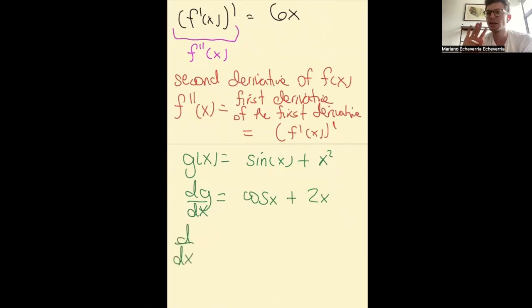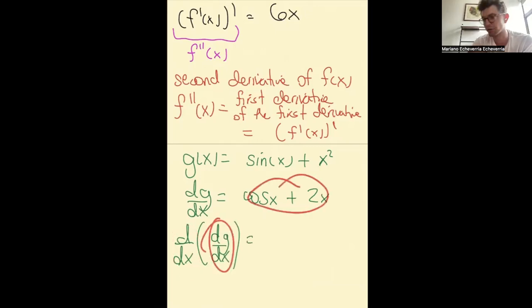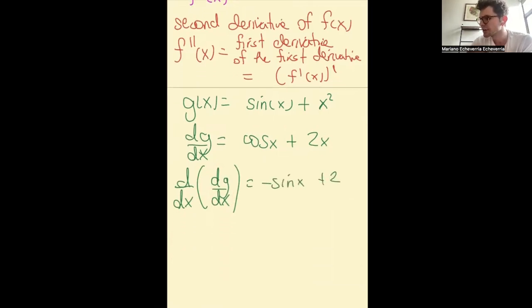Again, that's not quite how we would write it in general, but this just means take the first derivative with respect to x of what we just found. So that would give you minus sine of x plus 2. It looks a little bit odd to write it this way, but if you think about it, the d is kind of appearing twice.